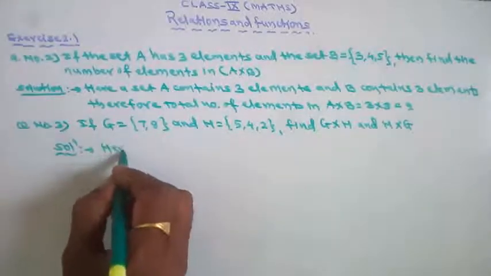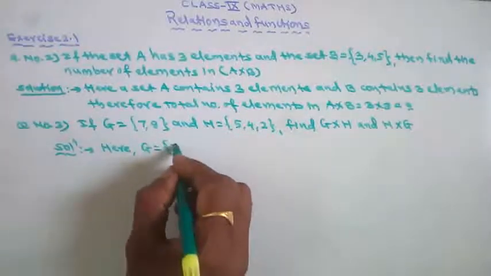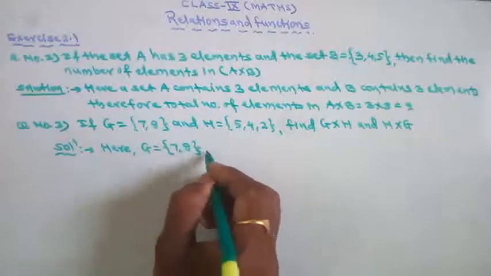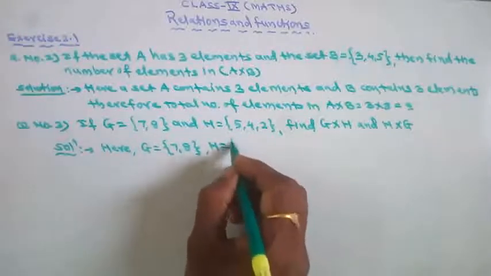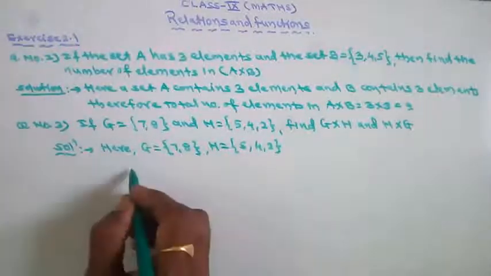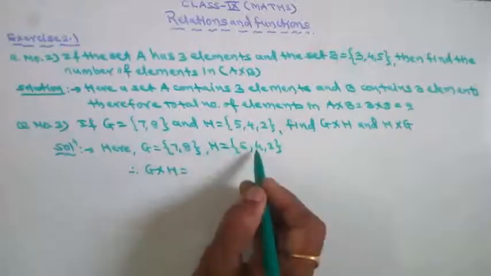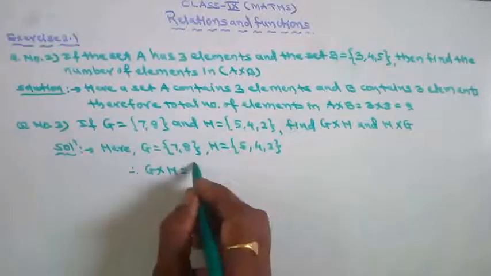Write the elements in G. Here G equals 7, 8, and H equals 5, 4, 2. Therefore, what will be G cross H? G cross H, 7 multiplied, 7 into ordered pairs.